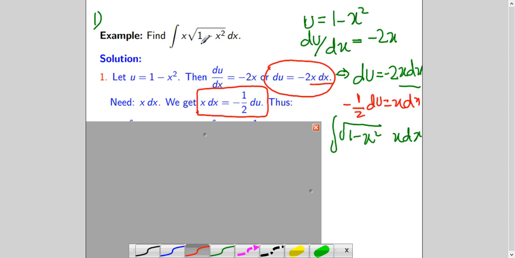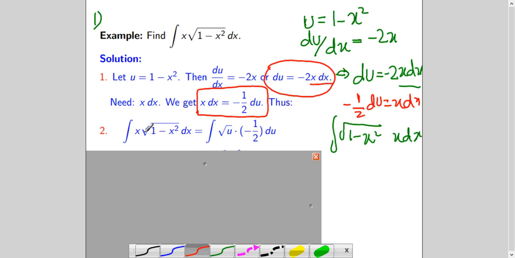Now we can easily replace everything in terms of u. This part will become root u, and x dx, like I have written here together, is equal to minus half du. I hope so far it is okay.